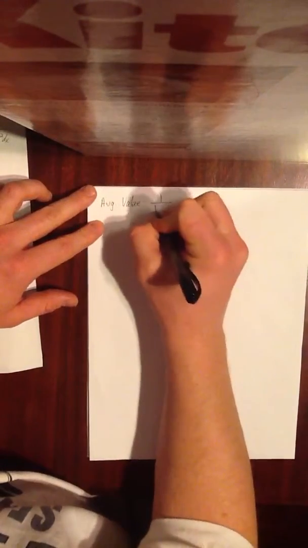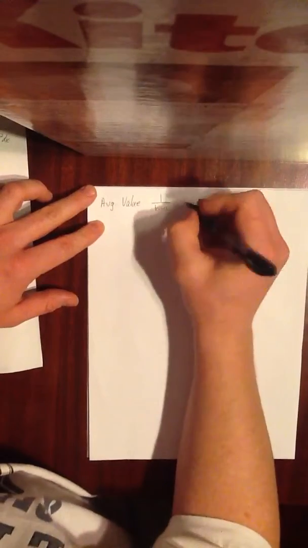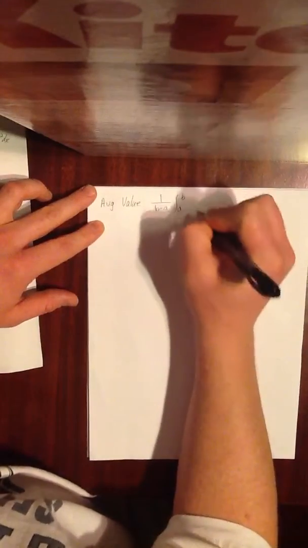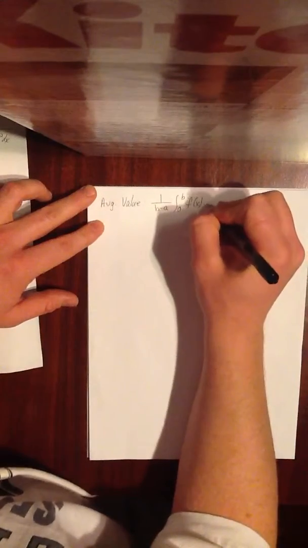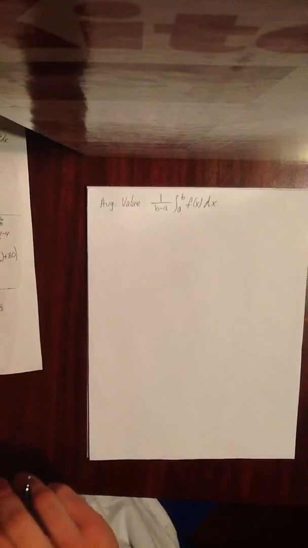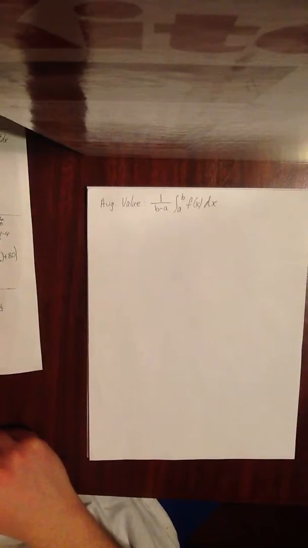Formula was 1 over b minus a, and the integral from a to b of f of x dx. You needed that on one of the bonus on your test. Just to do an example.